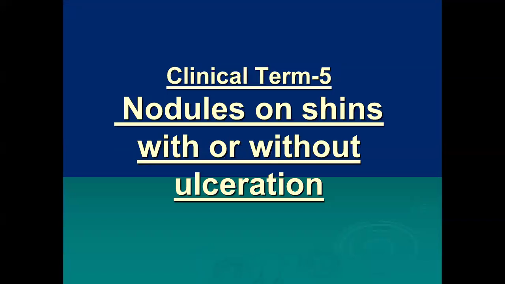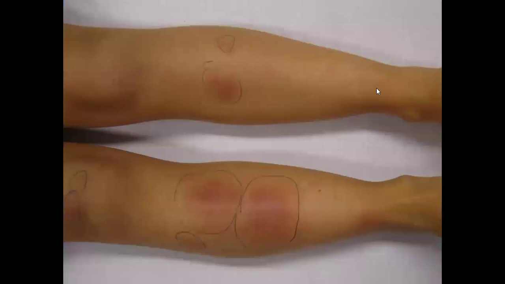The next scenario I'm going to take up today is nodules on the shins, with or without ulcers. So by nodules on the shins or on the legs, the term which comes to our mind is panniculitis. The first clinical picture is that of several erythematous nodules on both shins.